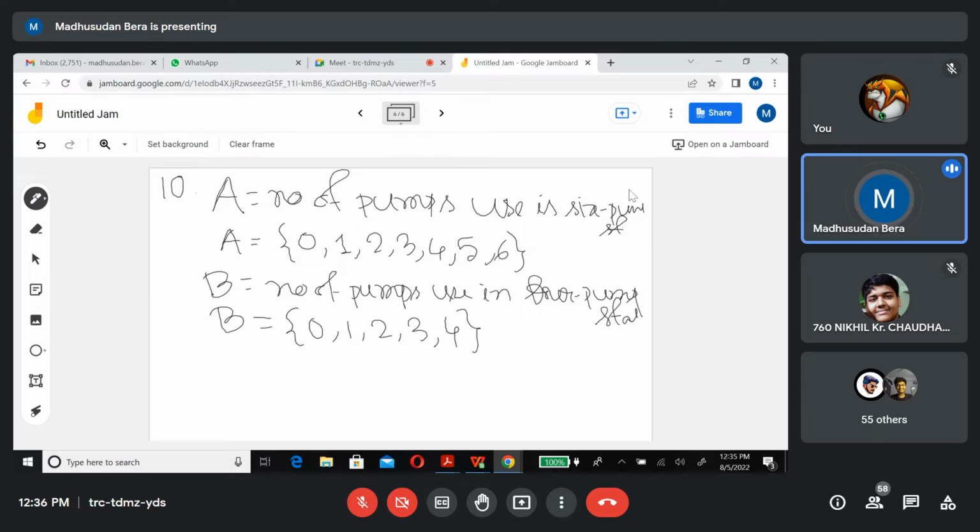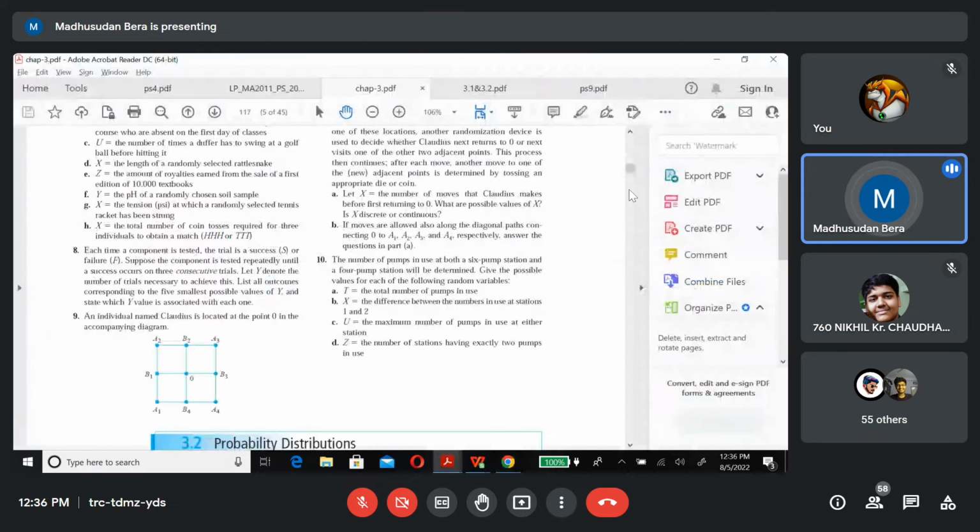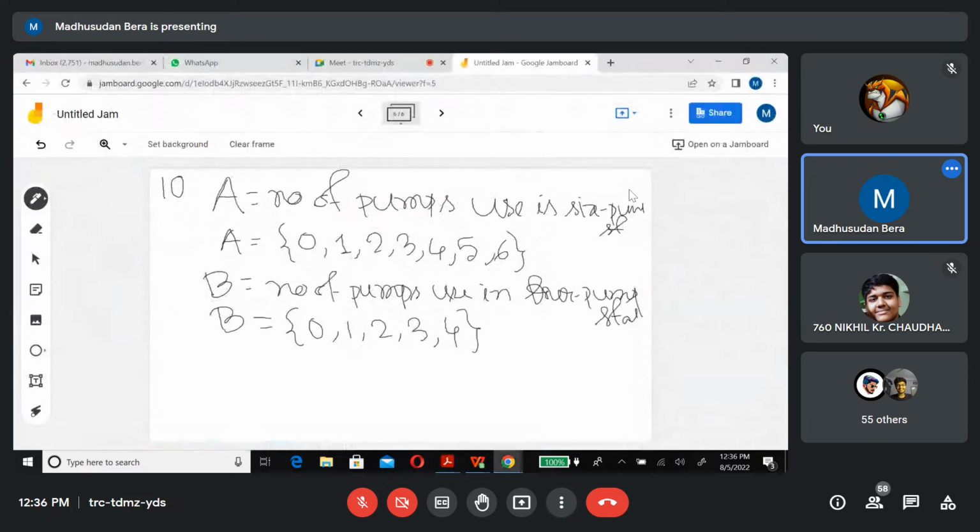Then the first part. Part A is T equal to the total number of pumps in use. So what will that be?